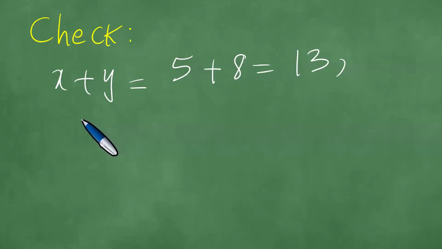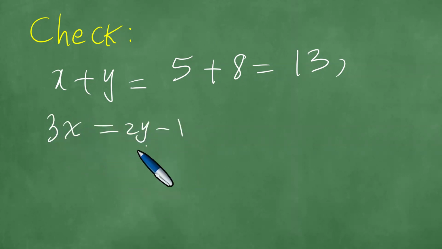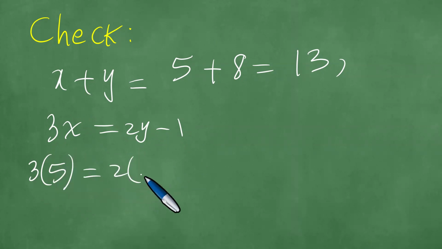Looking at the following, moreover, 3x is the other equation. 3x equals 2y minus 1. Let's check if the values of x and y satisfy this. X is 5. Y is what? 8.